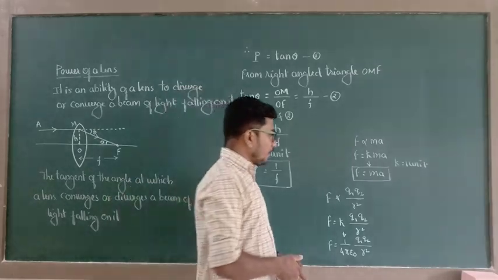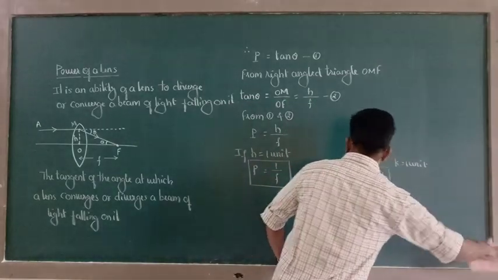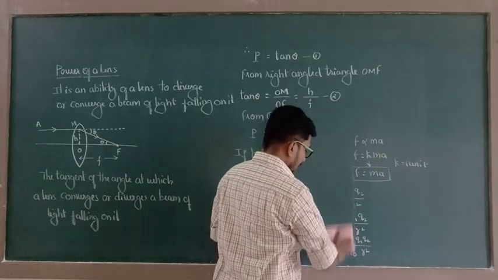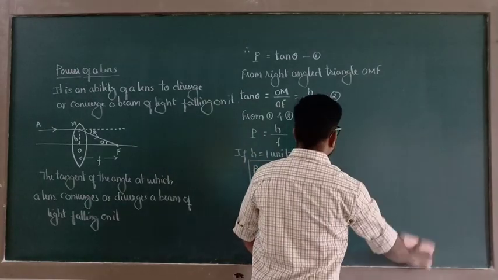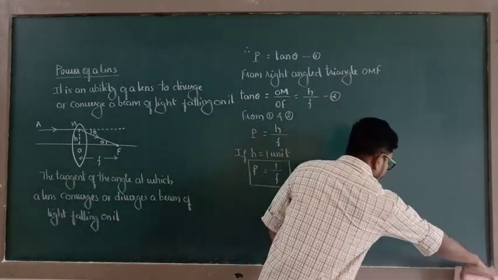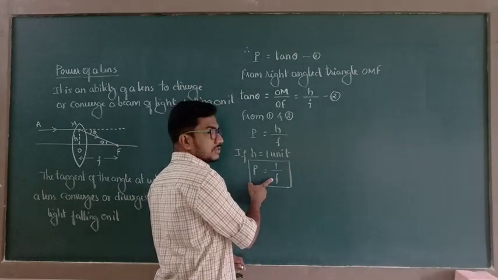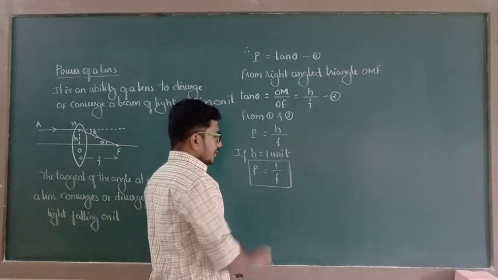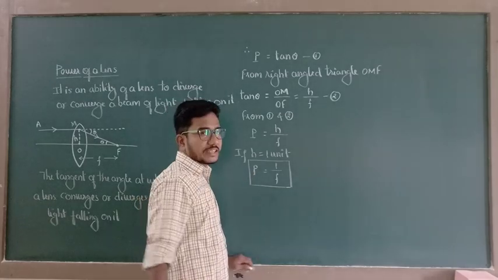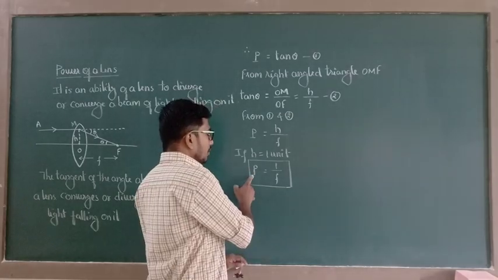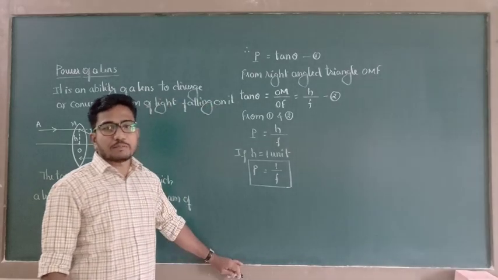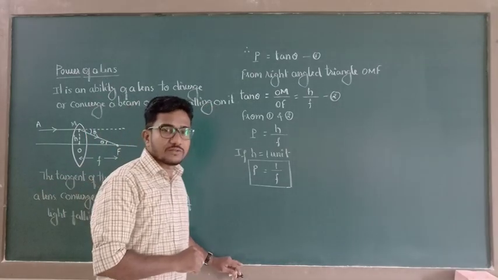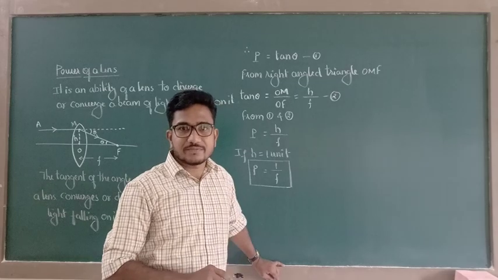So focal length of a convex lens is positive, and focal length of a concave lens is negative. If f is positive, then P is positive. If f is negative, P is negative. Therefore, power of the lens is positive for a convex lens and negative for a concave lens.